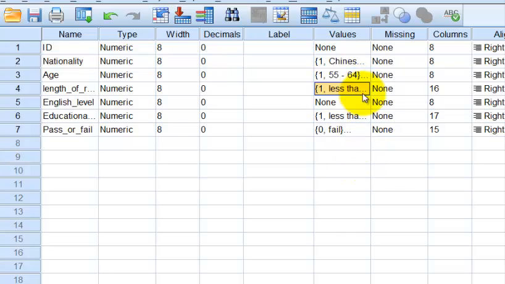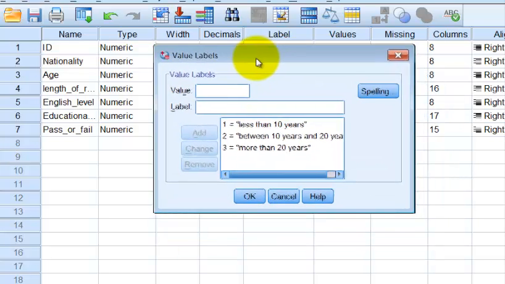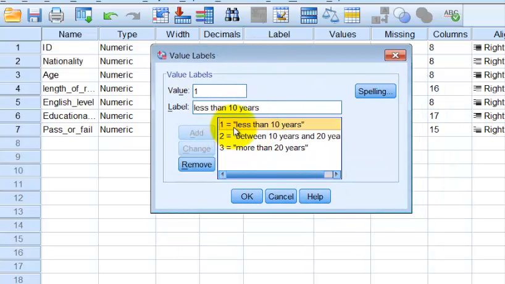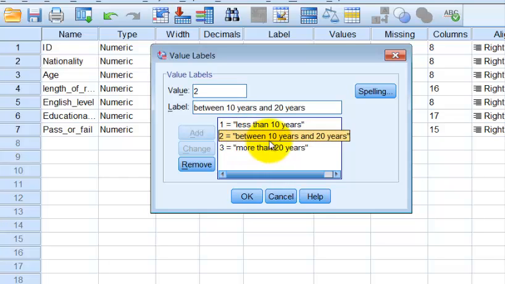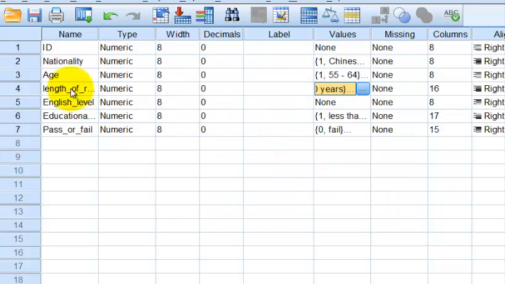So we just make the range as 1 equals the people who live in the United States less than 10 years. Number 2 represents the people who live in the United States between 10 and 20 years. And number 3 represents the people who live in the United States more than 20 years. So this is the only variable we'll make a minor change on. That's how you're going to use these variables to analyze the data later.